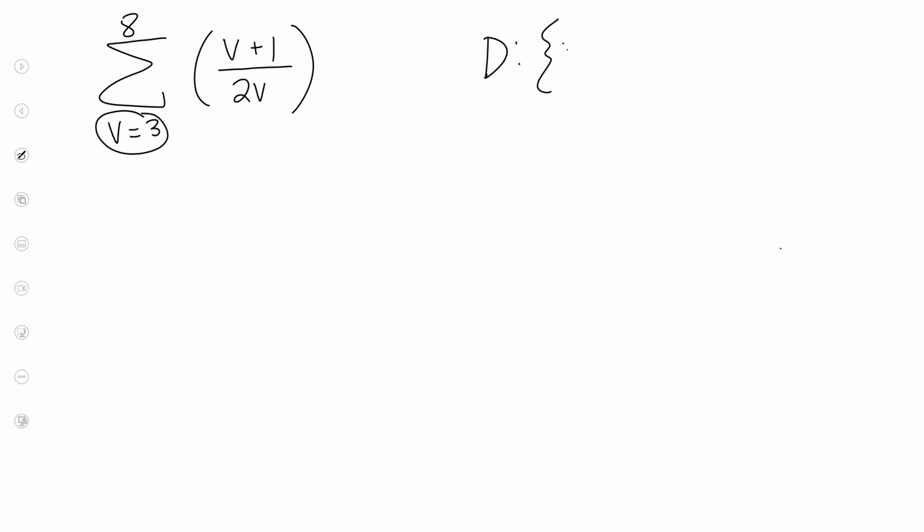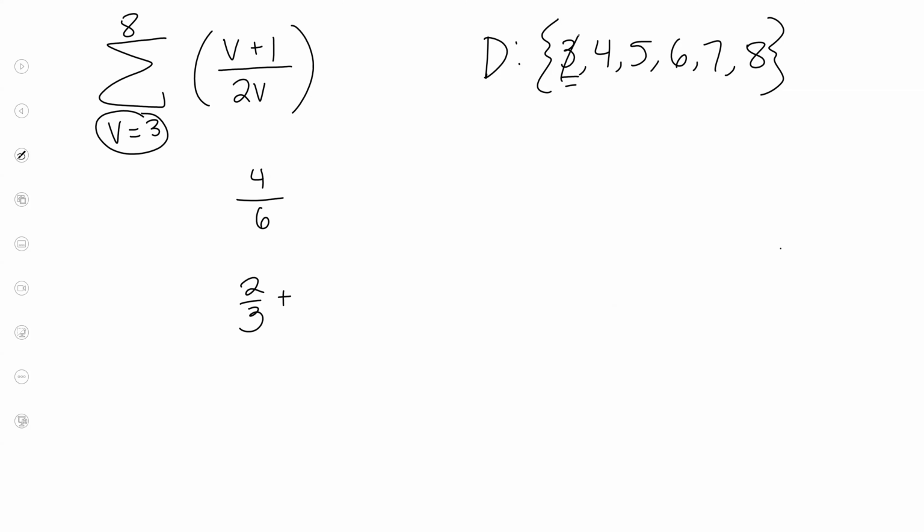What number will I plug in next? 4 and 7 and 8. Perfect. These are the numbers I'm going to plug in. That's my domain. Okay, so let's start off with 3. I'm going to plug in a 3 here. So 3 plus 1 is 4, and 2 times 3 is 6. We can simplify this. It'll be 2/3.